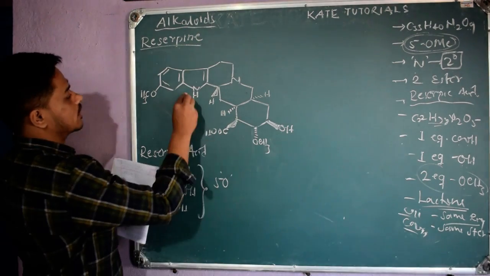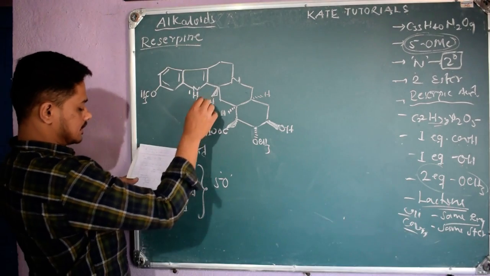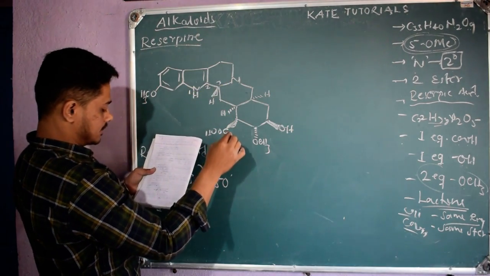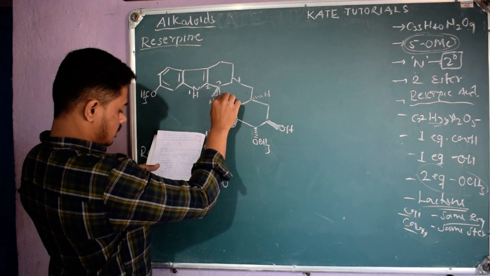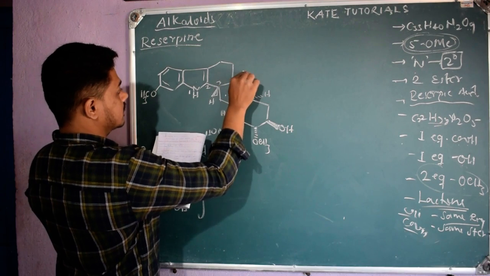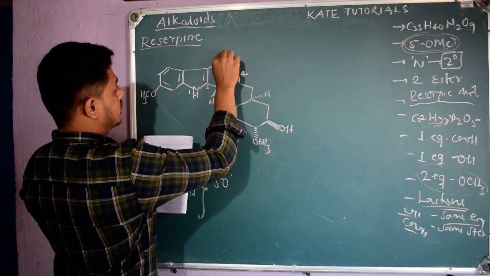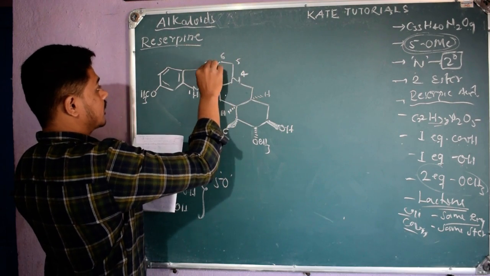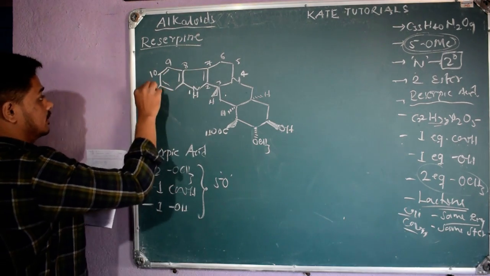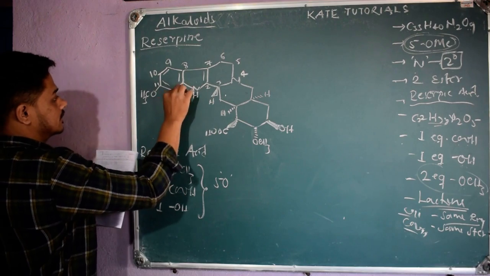See, nitrogen they numbered 1, adjacent carbon 2, this carbon 3, and this carbon 4. Just a minute, no, this nitrogen they numbered, and then 4, 5, 6, 7, 8, 9, 10, 11, 12, and this is 13.